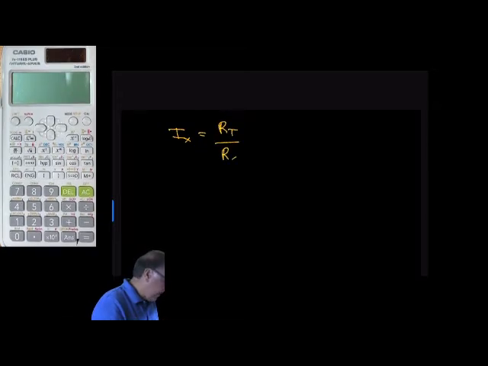We can use the current divider rule now and say that I sub x, the current of interest, equals RT over Rx times IS.